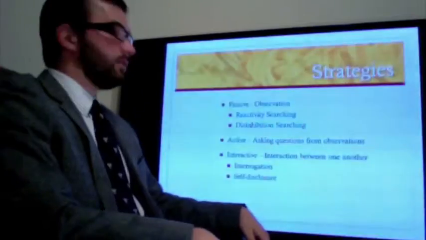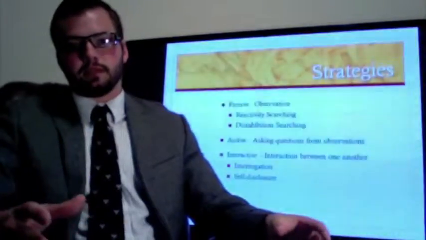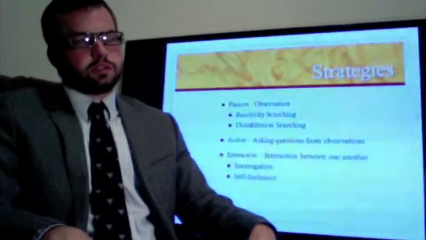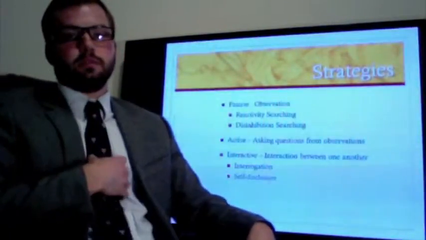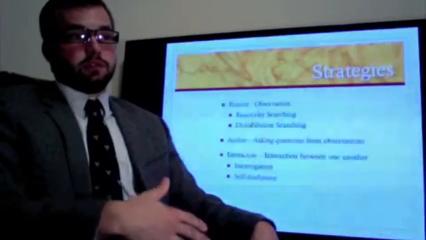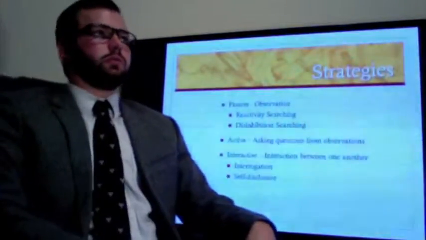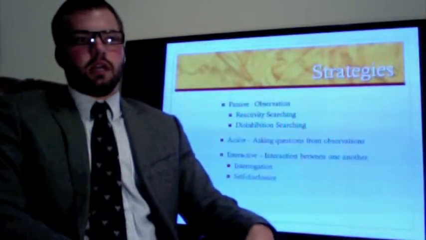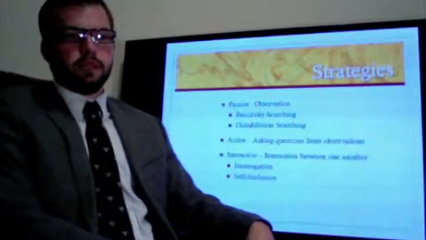And the next one is self-disclosure. This is a little bit more passive-aggressive in a sense. You self-disclose information about yourself to achieve, in return, an answer from them. So an example would be, oh, I just got back from the gym, man, I'm beat.